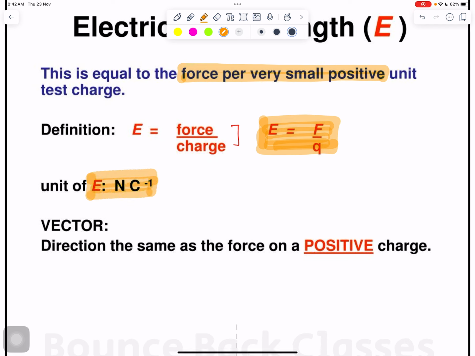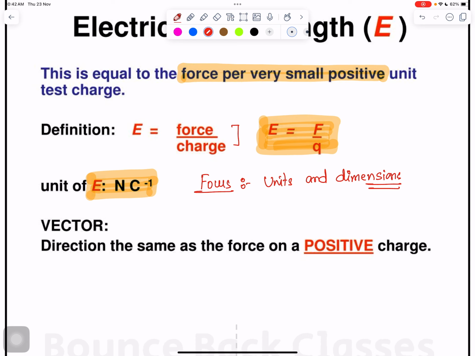Remember one thing, they are going to ask you a number of units. So you should remember the units and the dimensions. Focus on units and dimensions.